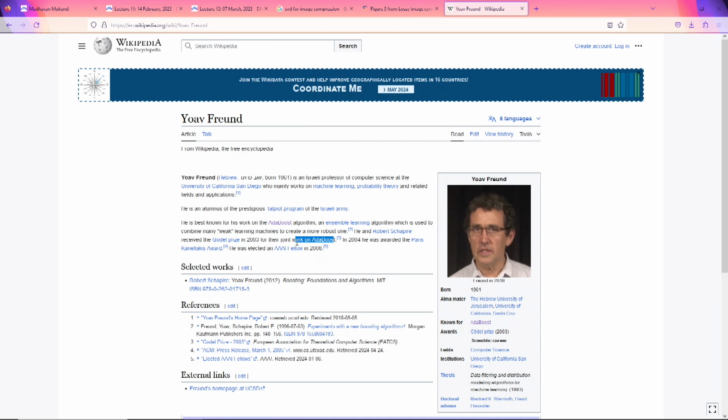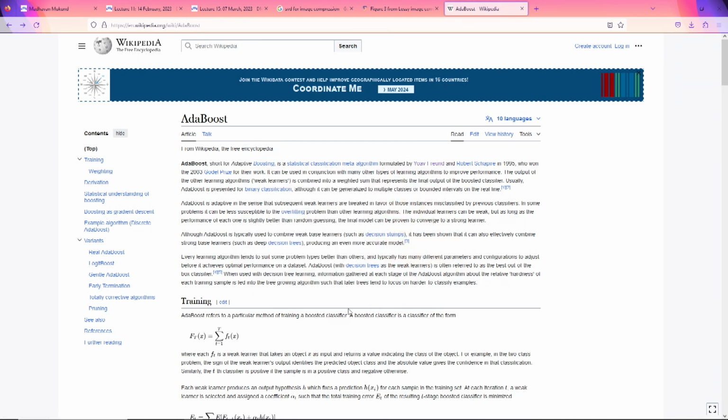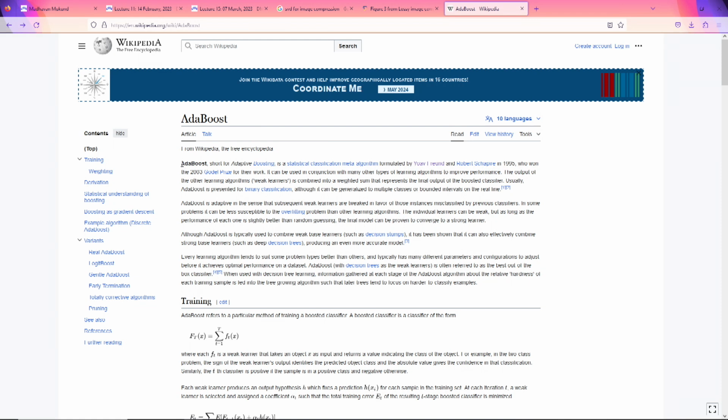Look up AdaBoost on Wikipedia, and look up the authors of that work. Okay, sir. Oh, it is also written in the first line. Yes, in 2003 they won the Gödel Prize. Actually, I cannot zoom, so it looks hazy, that is why I cannot read.